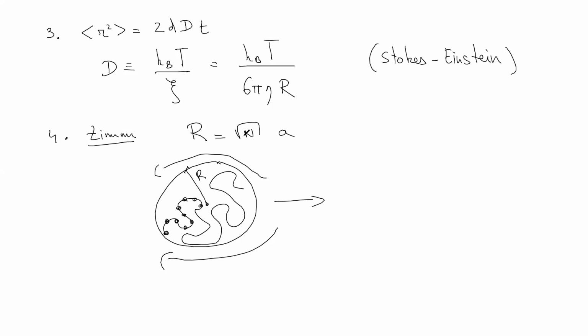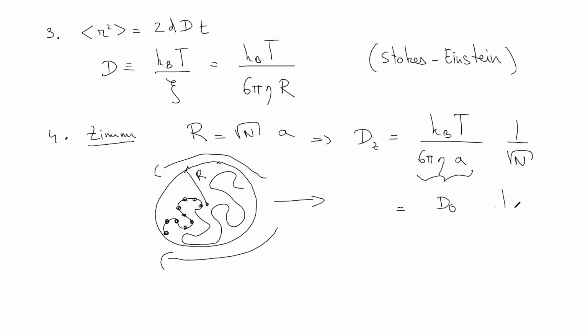So if you do so, you can rewrite the Zimm diffusion coefficient as kBT over 6 pi eta a times 1 over square root of N. And if you want, I can introduce that as D0 times 1 over square root of N, D0 being the diffusion coefficient of a single monomer, right?